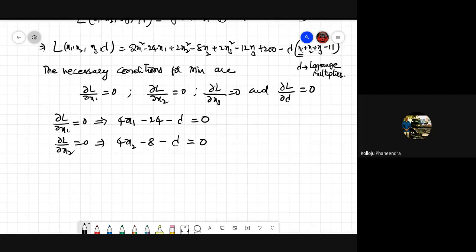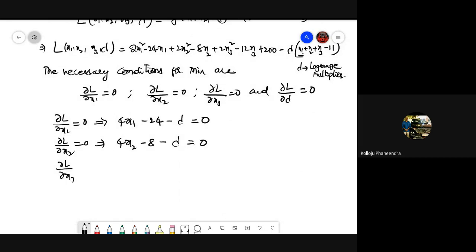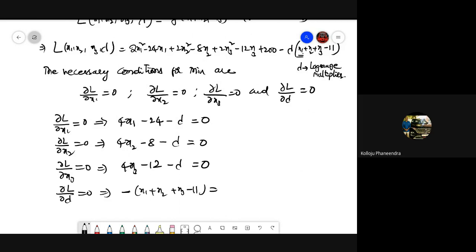Next, dou L by dou x3 equal to 0: 4x3 from the 2x3 square derivative, minus 12, and minus lambda equal to 0. And lastly, dou L by dou lambda equal to 0: the lambda derivative gives minus 1 into x1 plus x2 plus x3 minus 11 equal to 0.